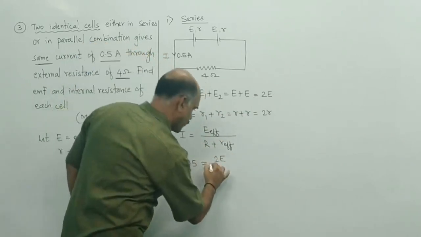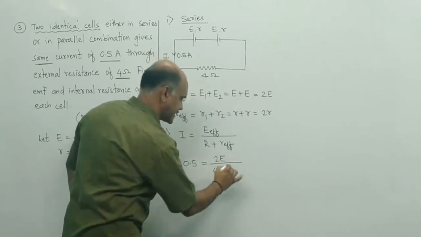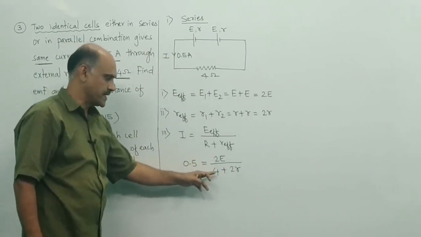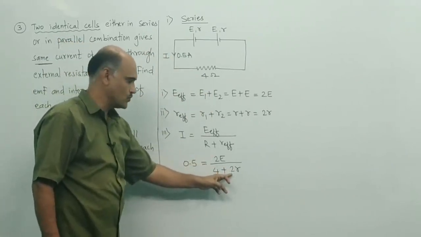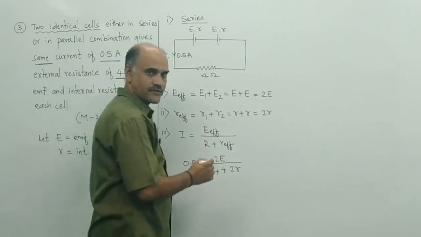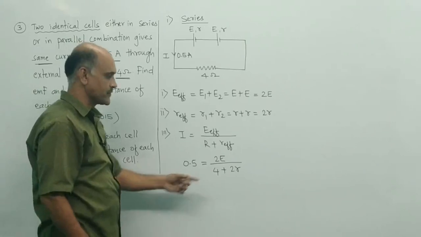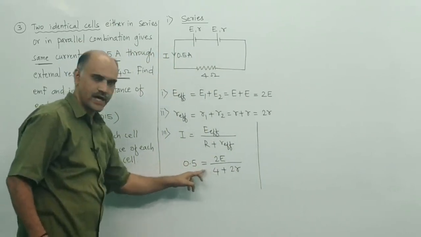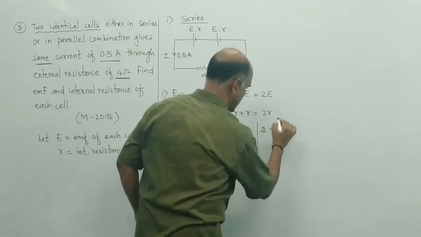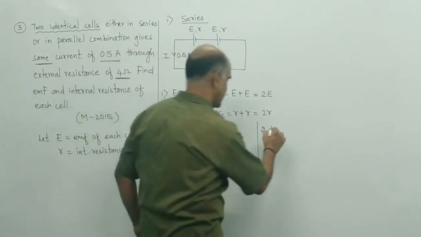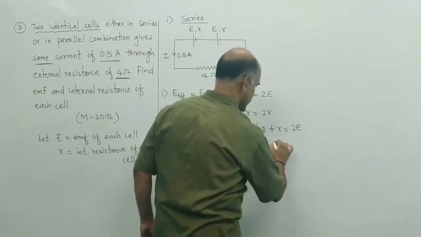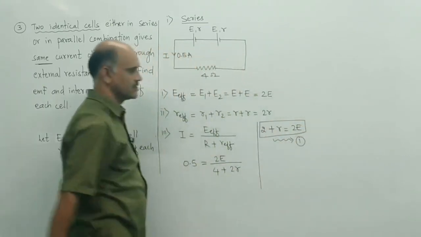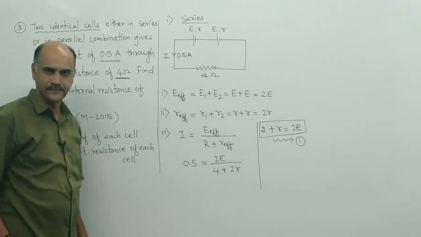So 0.5 is equal to 2E divided by 4 plus 2r. Cross multiplying, 0.5 into 4 is 2, plus 2 into 0.5 is 1, so 2 plus r is equal to 2E. This is equation 1.